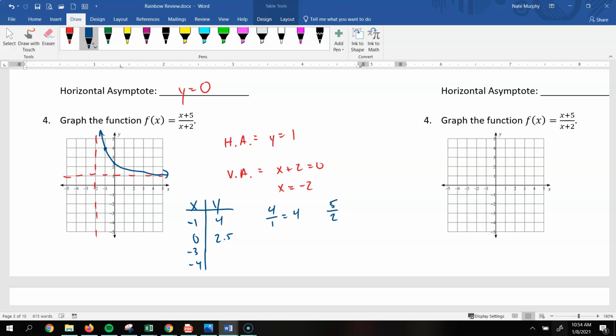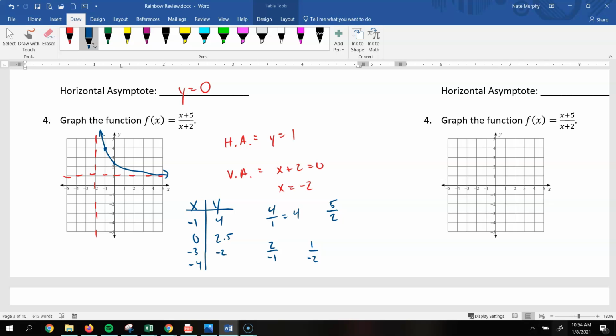When I put negative 3 in there for x, I get negative 3 plus 5 would be 2, and negative 3 plus 2 would be negative 1. 2 divided by negative 1 is negative 2. Then I'm going to put negative 4 in for x. Negative 4 plus 5 would be 1, and negative 4 plus 2 would be negative 2.